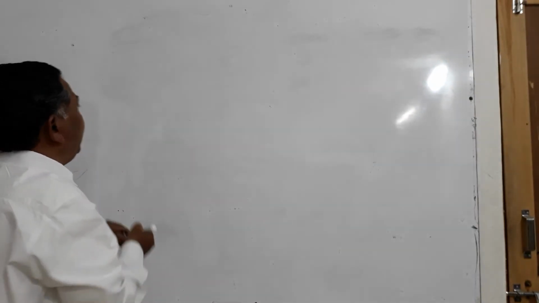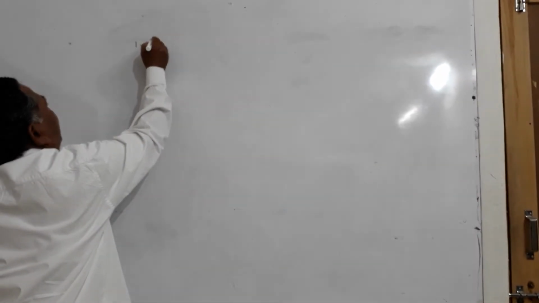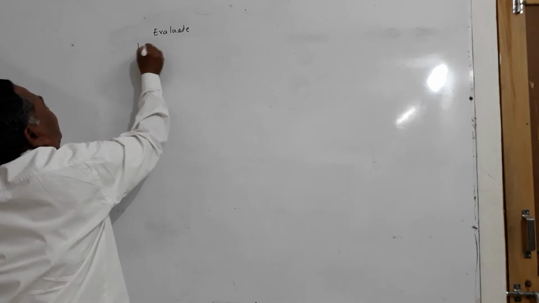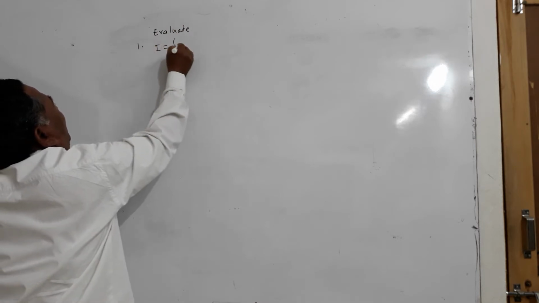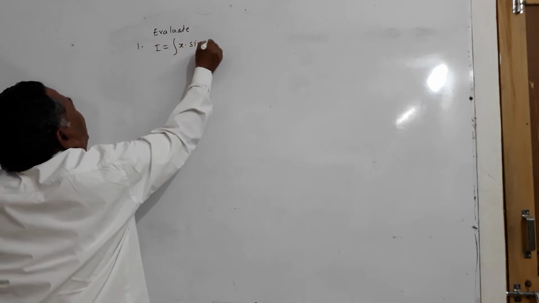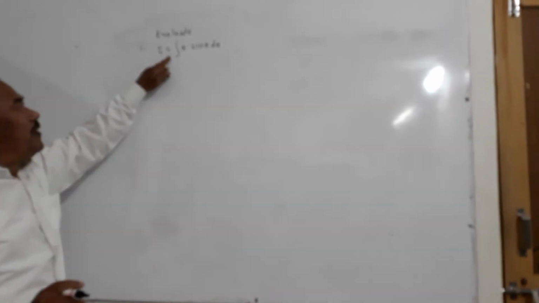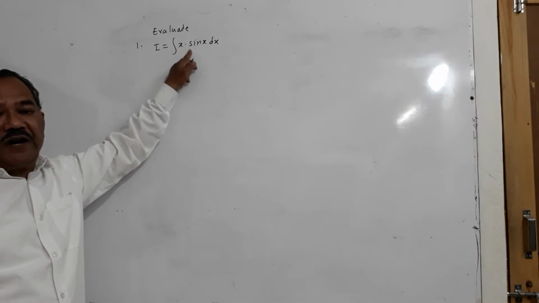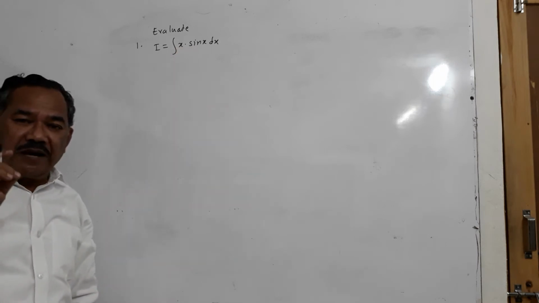First example we carry. First example, evaluate I equal to integral of x into sin x into dx. This example we have to evaluate. Here, this is algebraic and this is trigonometric. Two different kinds of functions are present in multiplication.